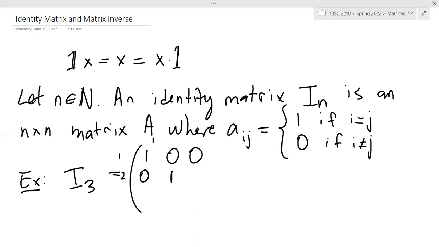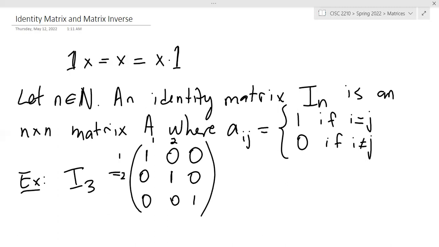Here it's row 2, column 2, so we put a 1, and then 0, 0, 0, 1. Notice it's a matrix where the diagonal from top left to bottom right is 1s, and the rest is 0. That is the 3 by 3 identity matrix.